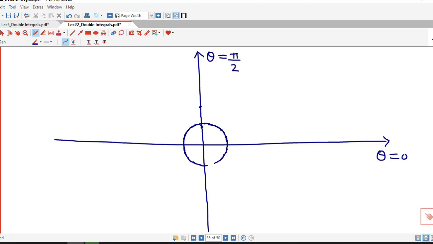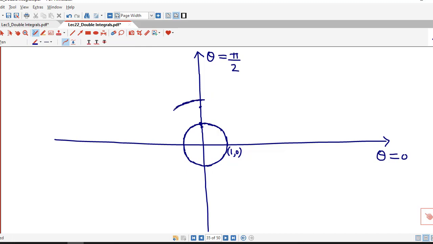Suppose this is the circle of radius 1. So this is the circle with center origin and radius 1. So this point is the ordered pair (1, 0). Then we consider the circle of radius 2. So this distance is 1. So suppose this is approximately 2.